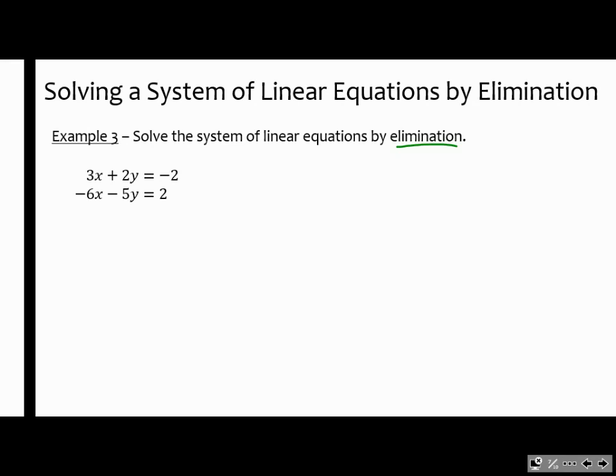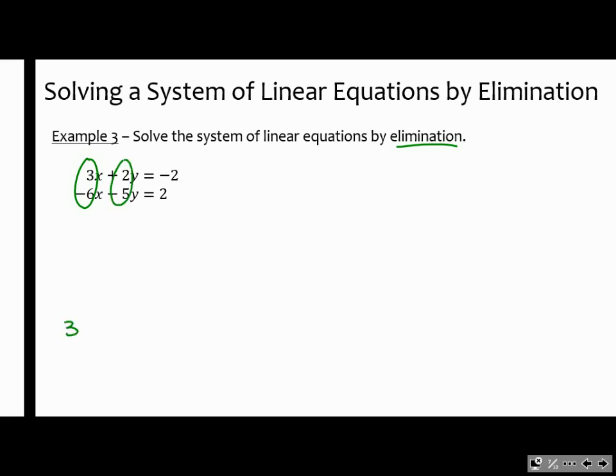Both of these are written in standard form, and neither of them have really nice looking intercepts. If they had really nice intercepts, I might consider graphing if this was allowable. But again, this is the elimination note, so we're going to use elimination. So what I need to do is compare the coefficients for the x variable and compare the coefficient for the y variable.